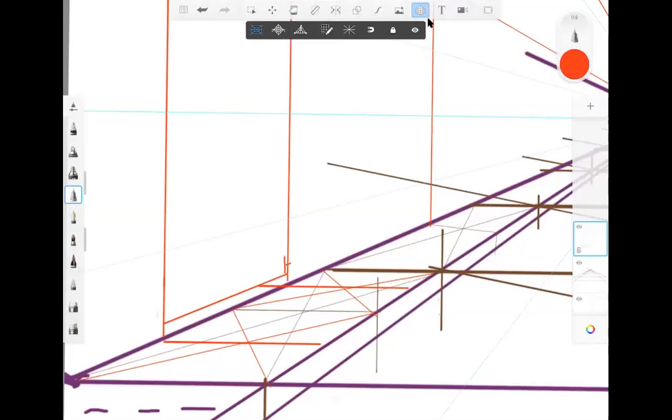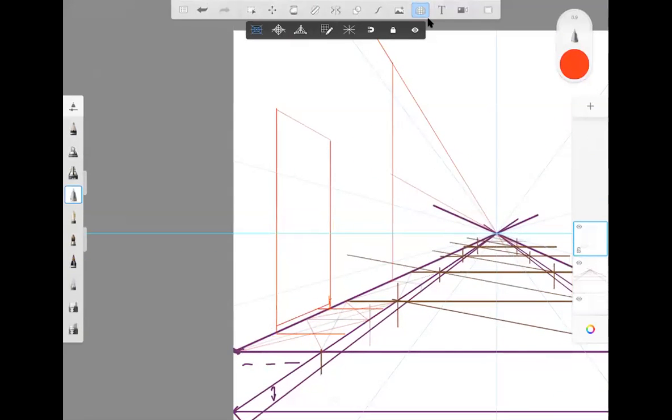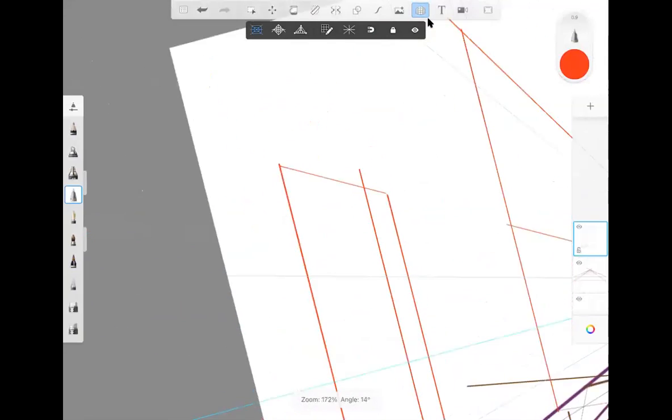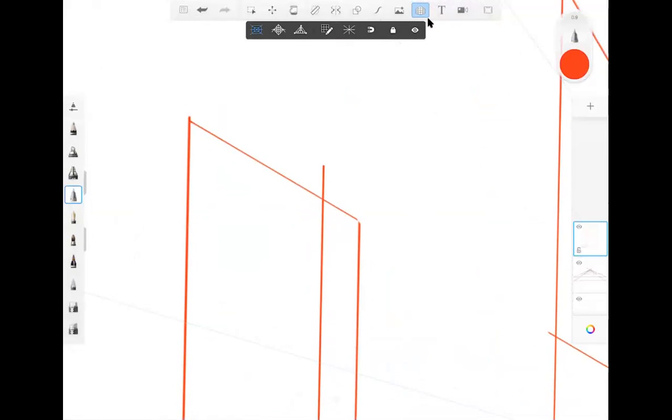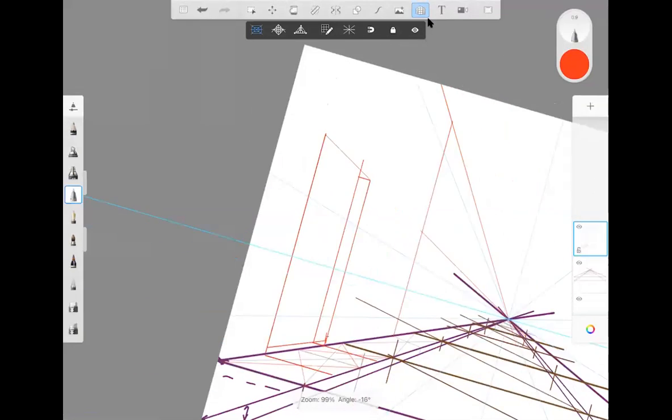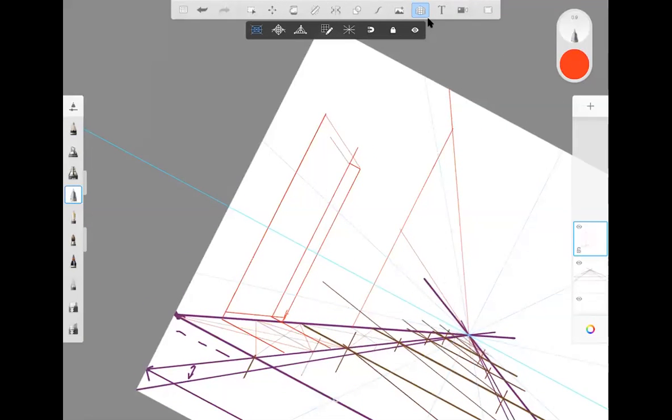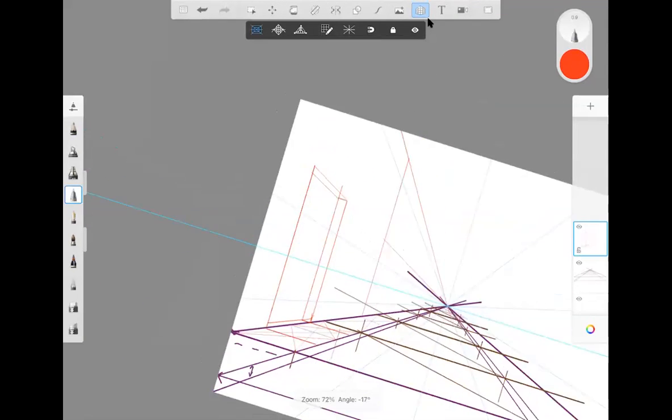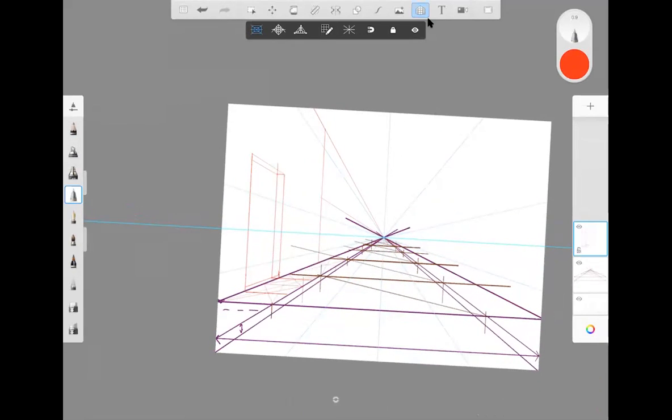Pull this line down. Straight line up. Horizontal line. Orthogonal. Easy peasy.